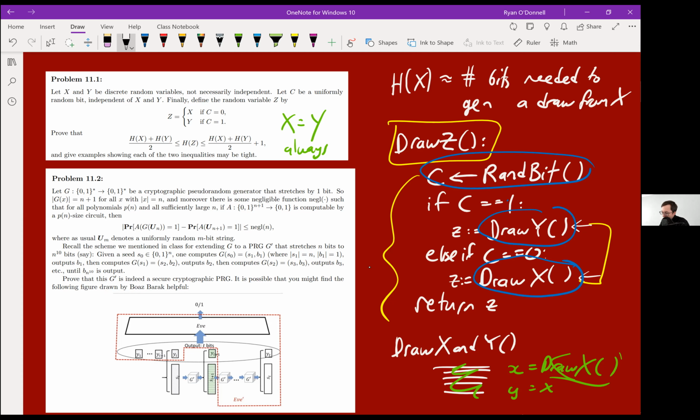Yeah, I don't know. Maybe we should try to prove one of these inequalities. Let's see, which one is more enjoyable to look at? Maybe the right one.